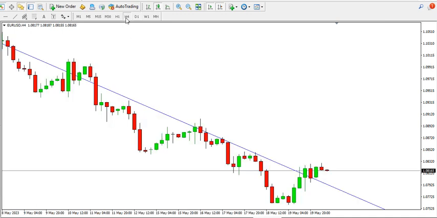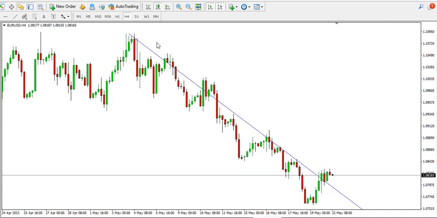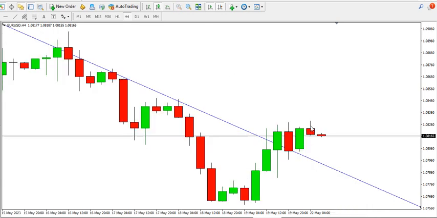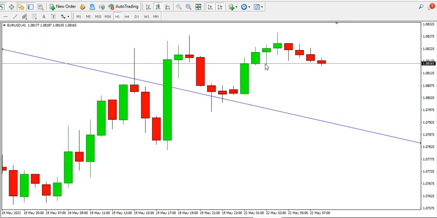On the 4 hour time frame, you can see that the bearish trend is still intact. Looking at this particular range that we have here, we can see this pin bar showing us that price might likely go down. On the 1 hour time frame, you can see the range similar to that of GBPUSD.